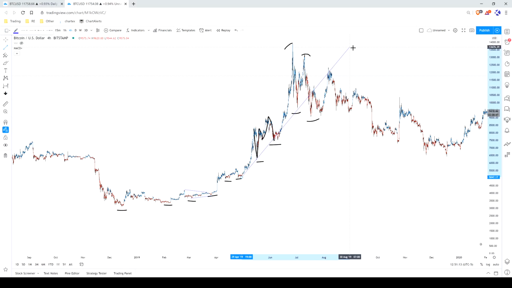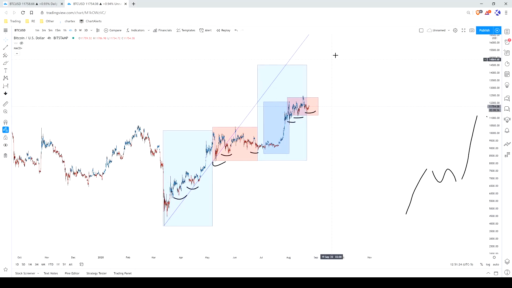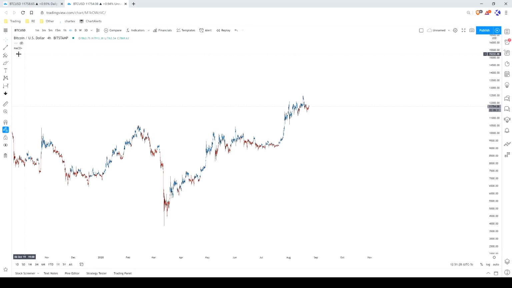For now, we don't have this. We broke the trend line here as well. Right now we have nothing that shows that our trend is over. We have this move, a corrective move, an impulse out of it.